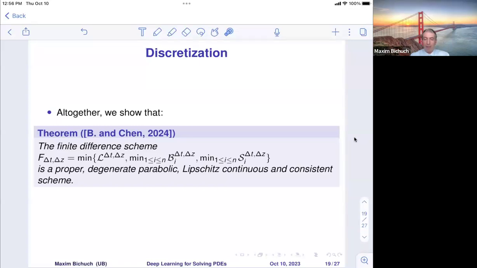So now that we have our finite difference scheme, which I didn't really specify, but it is in the paper, we take the minimum of the operators L, and the BI and the SI operators. So now it will have all the needed properties: degenerate parabolic, Lipschitz continuous, consistent, all the properties that we need for the convergences.